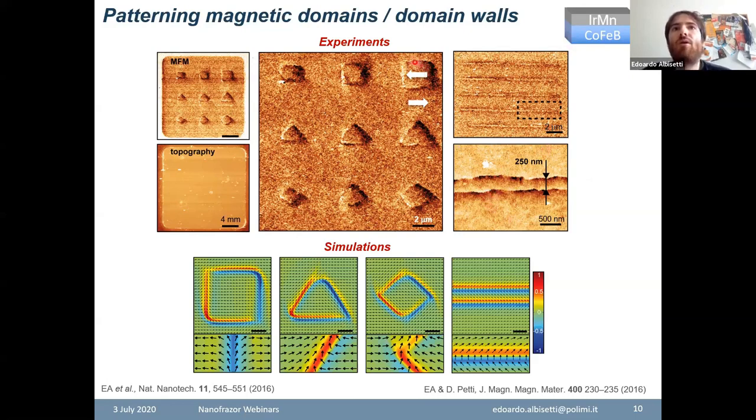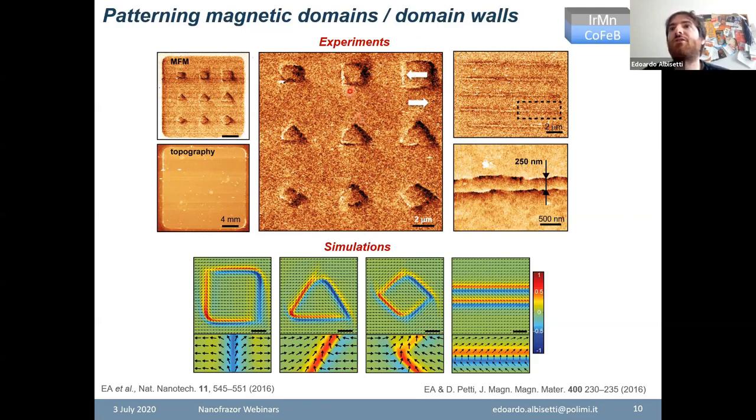Not only can we write magnetic domains, but we can also have an interesting control on the regions that, as I was saying, separate two different magnetic domains, called the domain walls. As I will show you later, domain walls are a very important part of magnetic devices that recently have gained a lot of attention because of their ability to really control the flow of magnons, the flow of spin waves, in different ways, for example.